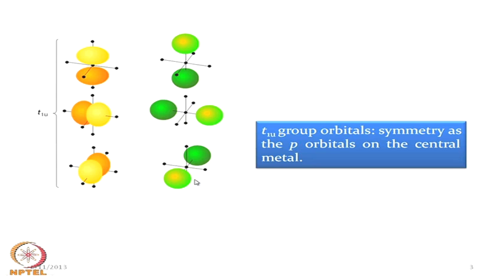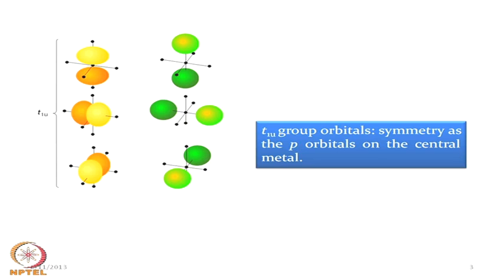So, in terms of ligand field theory, the pp interaction is permissible for strengthening the metal ligand interaction and providing some energy level for the T1U set, that means the p orbitals on the metal atom or ion, which can be utilized for interacting with the ligand orbitals to give a head-on overlap, and this head-on overlap can provide the sigma bonding interaction.